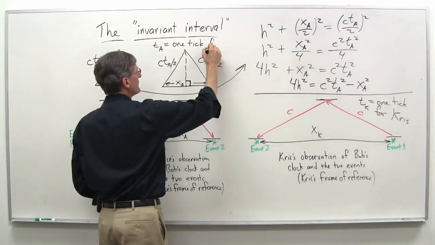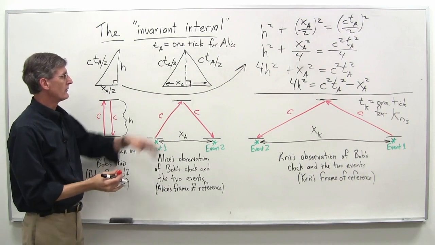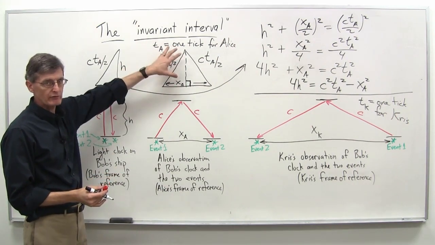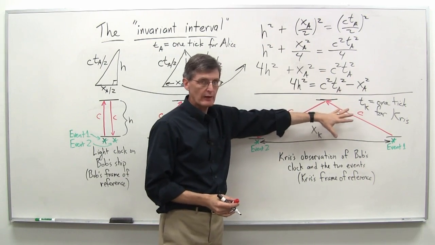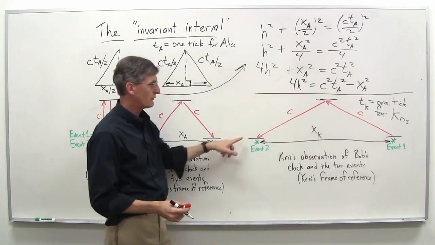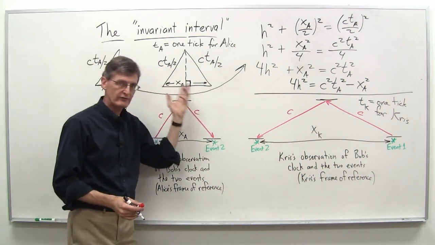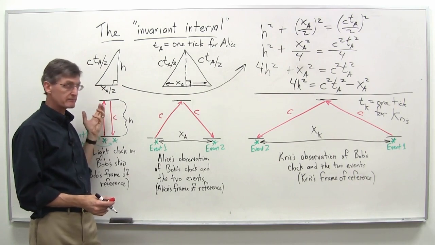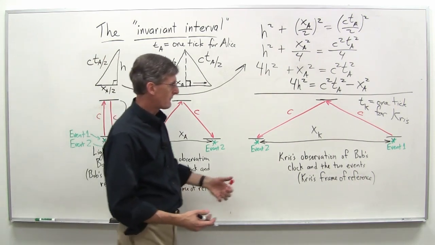Again, they're all observing Bob's clock. So this is 1 tick on Bob's clock from Alice's perspective, her frame of reference. t sub k, 1 tick on Bob's clock from Chris's perspective. Of course, 1 tick is all the way up there, all the way down there. So she will see slower ticks than Alice will, and they both see slower ticks than Bob does, the time dilation effect there.